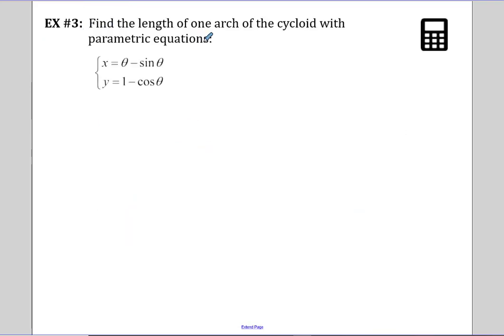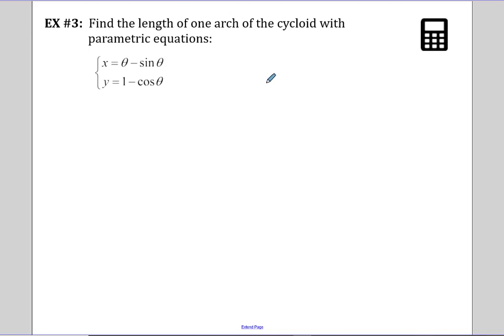In example 3, we want to find the length of one arc of the cycloid with the parametric equations x is theta minus sine theta and y is 1 minus cosine theta. So one arc is usually from 0 to 2 pi.